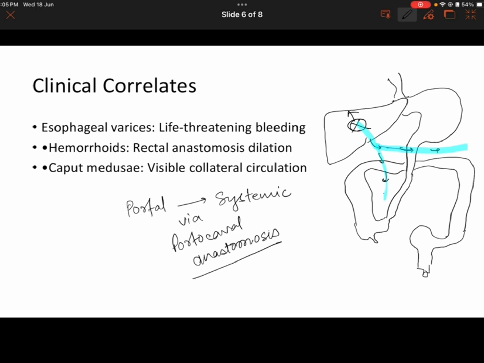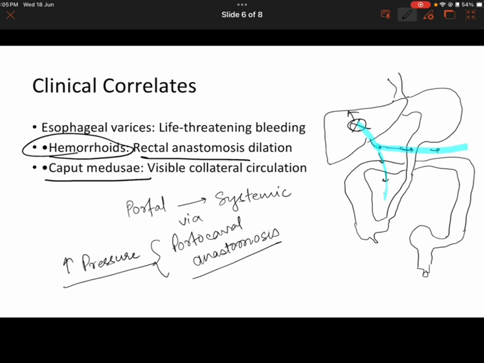So because the pressure is increased in the portal circulation, this manifests as dilated tortuous veins at umbilicus, forming caput medusa. It may also be seen as hemorrhoids because of the rectal anastomosis. We have studied the superior rectal and middle and inferior rectal veins form the portocaval anastomosis at rectum, and also the esophageal varices.